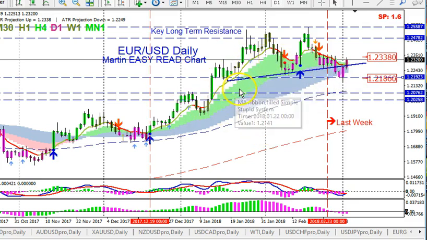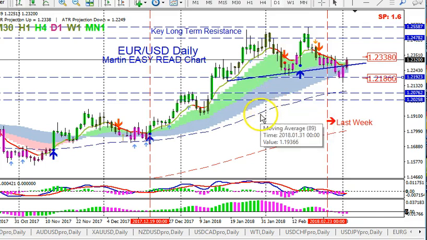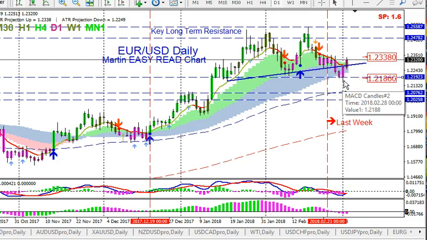When you have green above blue, you're in an uptrend and you're looking for buy trades only. Here you can see we had a deep pullback for the EURUSD, and after the deep pullback we bounced higher, and we still have green above blue, so we're looking for buy trades.